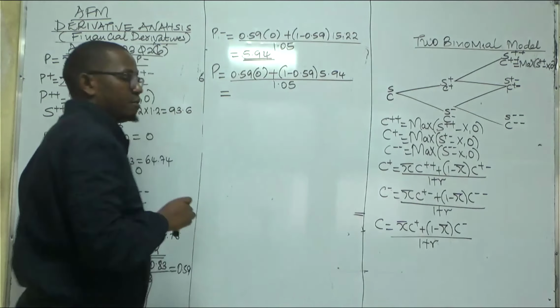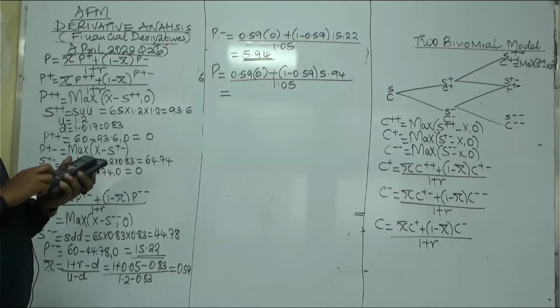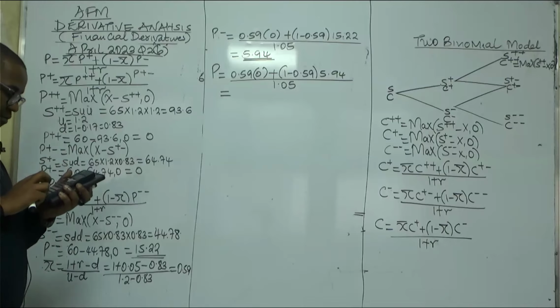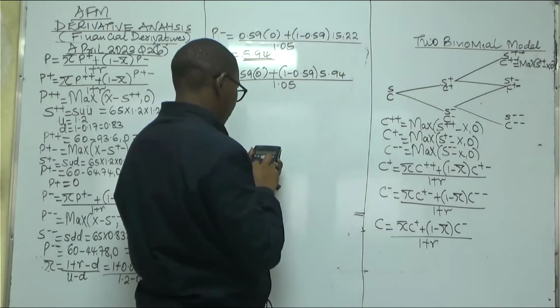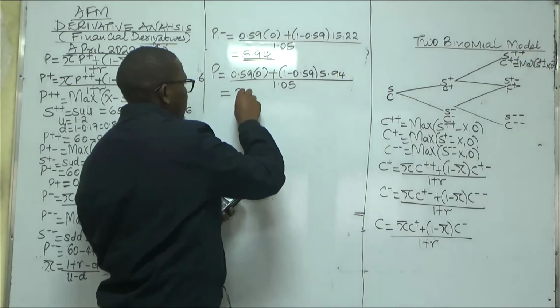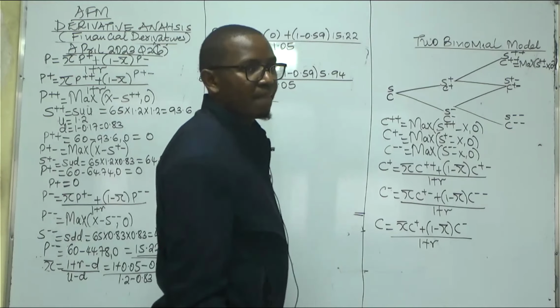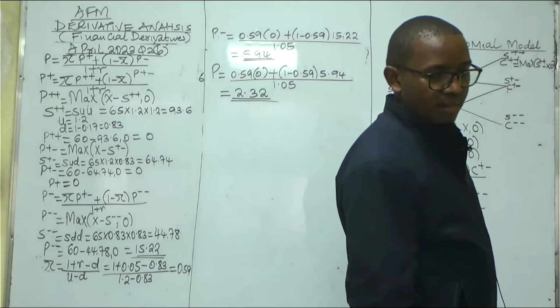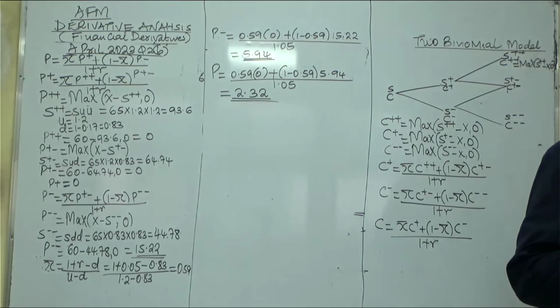How much is the value of the put today? So 1 minus 0.59 times 5.94, divided by 1.05, is 2.3. That is how you are required to do that one.